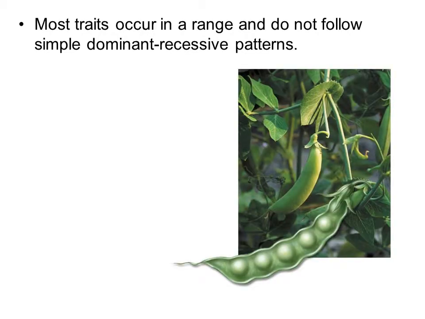Most traits occur in a range and do not follow simple complete and recessive patterns. This was seen in Mendelian genetics when we were dealing with simple plants like a pea plant.